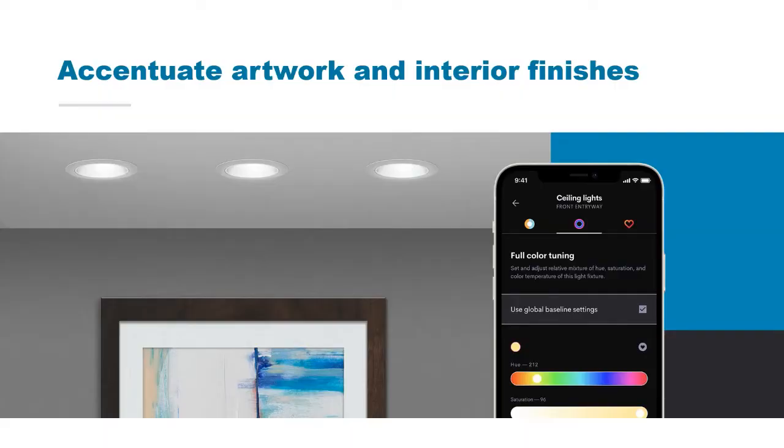Yet another popular use for tunable fixtures: enhancing artwork and interior finishes. There's a phrase I've heard my entire career related to dimming control systems: put everything in its very best light. Tunable lighting adds another dimension to this concept.